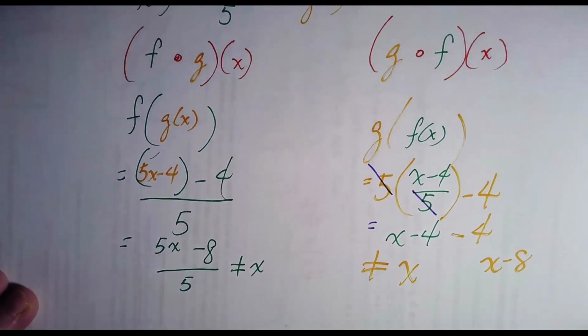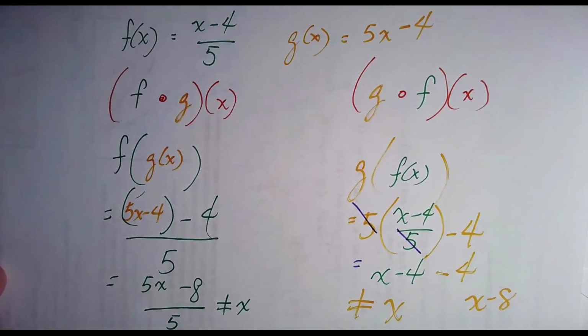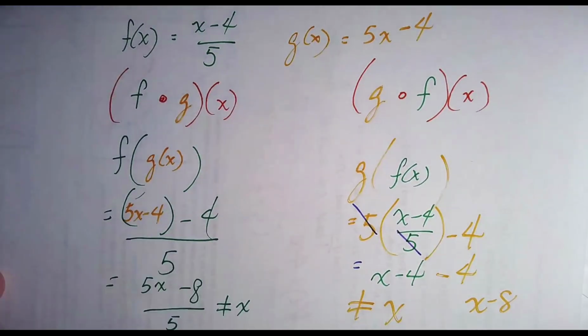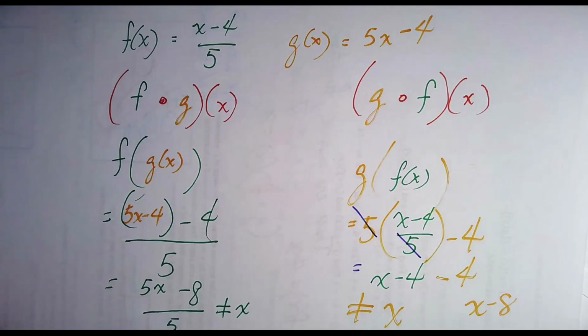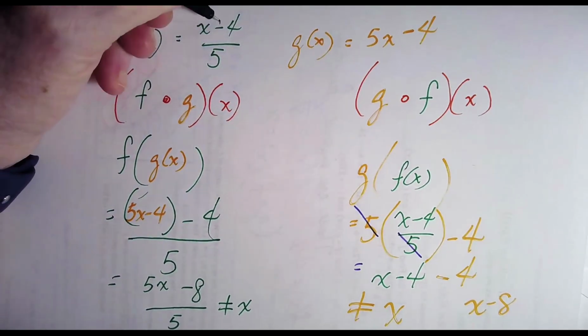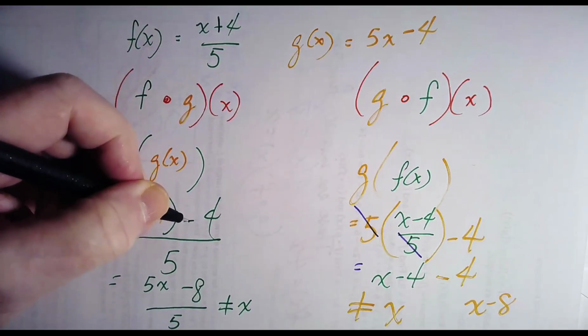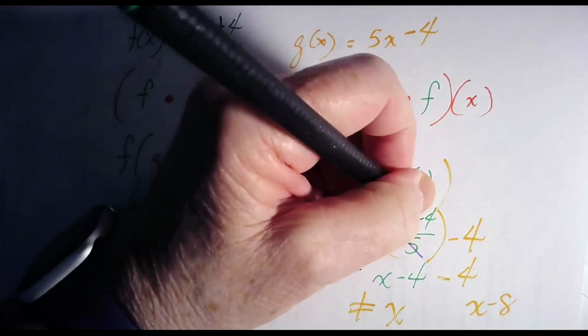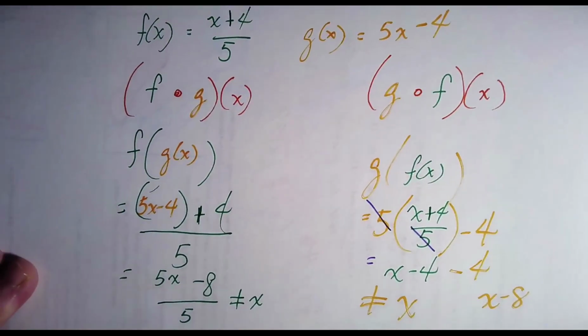But how could I have changed one of these so that the pattern would work? What did we need with the 4s? For one to be positive. Yeah, we needed one of them to be positive. Let's make F positive. Now let's see what happens.